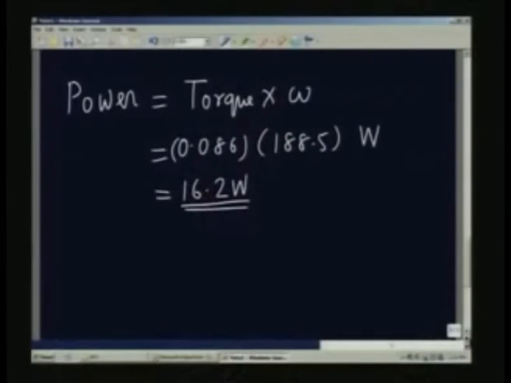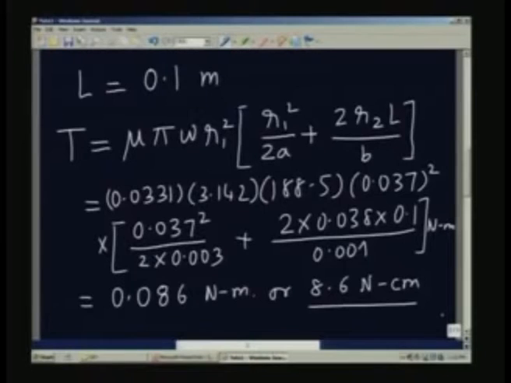The part which I am not going to work out here is the error analysis, but I would like to give a certain hint, so that the student will understand how to go about it. Let us go back to the previous page, and if you see here I have got torque as given by an expression. The torque contains the measured quantities which are going to come in the picture. Mu, of course, we have not given any error bar on, and therefore we will assume that it is not prone to any error.